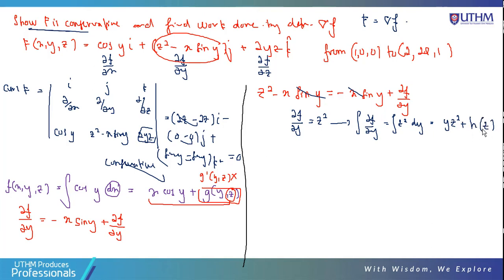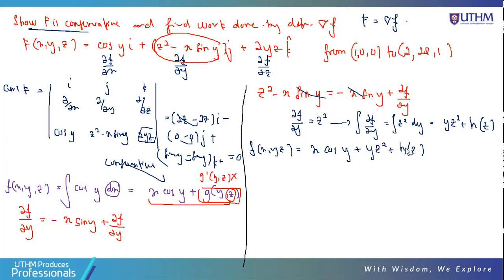Okay, so and then you masukkan dalam yang you dapat atas ni, so you dapat f x y z equal x cos y plus yz kuasa 2 plus h z.